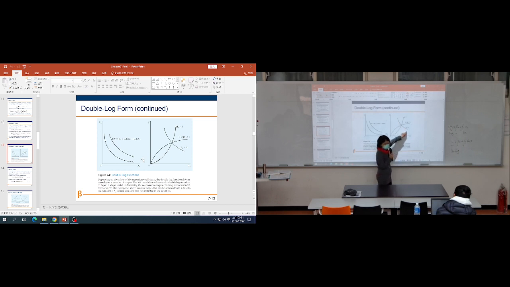It means when x increases, y will decrease. When the price of x increases, the demand for x will decrease. Lin-log, yes, this one.